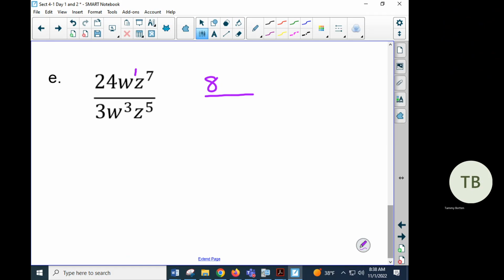And where would I put that W squared? I'd have to put it on the bottom because 3 is bigger than 1. And then here I have 7 Z's on top, 5 Z's on the bottom. So I'd go 7 minus 5, which is 2. 7 is bigger than 5, so I'd have Z squared on top.